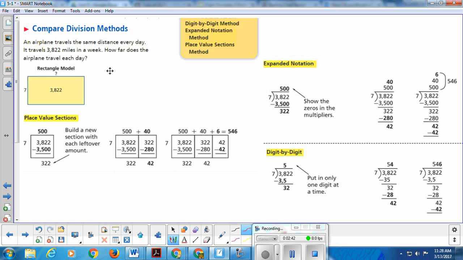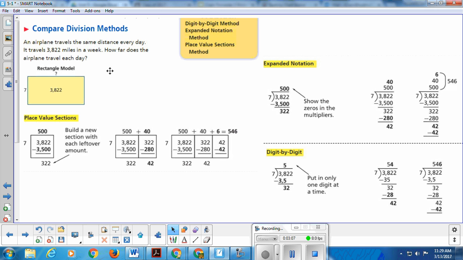I get 322. I'm going to create another section. Now I'm looking at 322. 7 goes into 322. This is where our estimation and then getting to those zeros really helps us out. 7 times 50 would be 350.